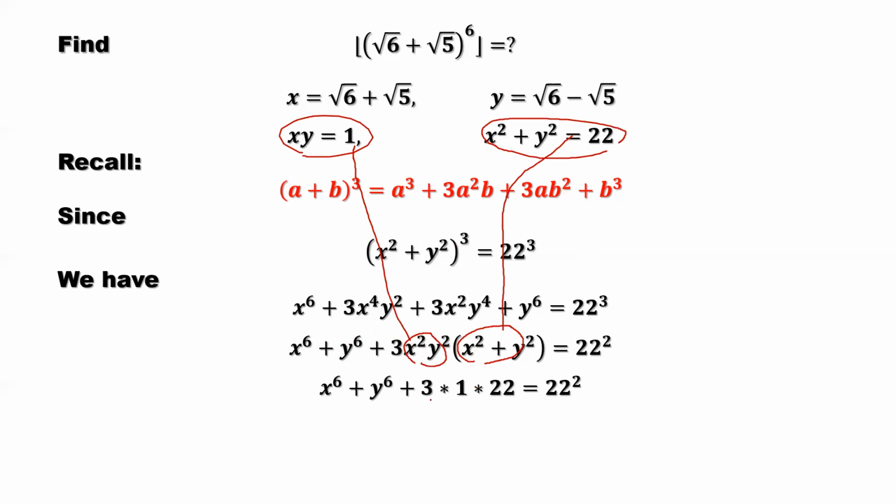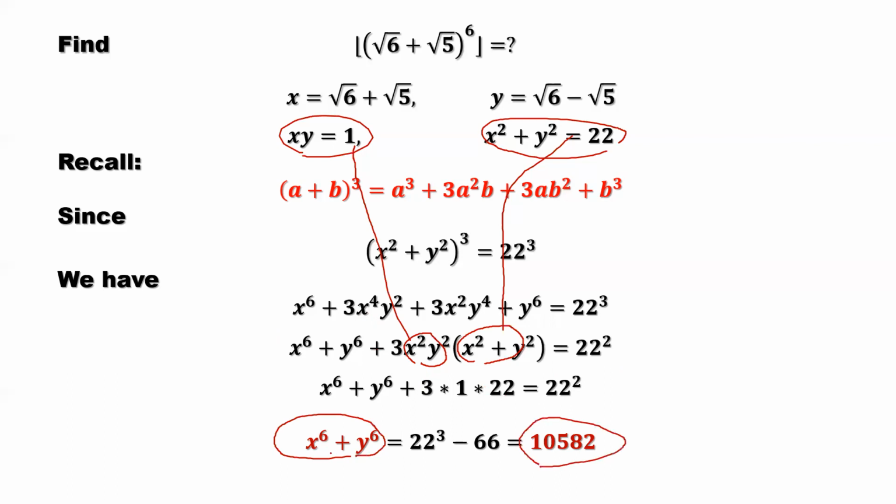So that's 3 times 22, that's 66. We can move this number to the right-hand side. Right? So we got this. That's the important result. x to the power 6 plus y to the power 6 equals 10582.